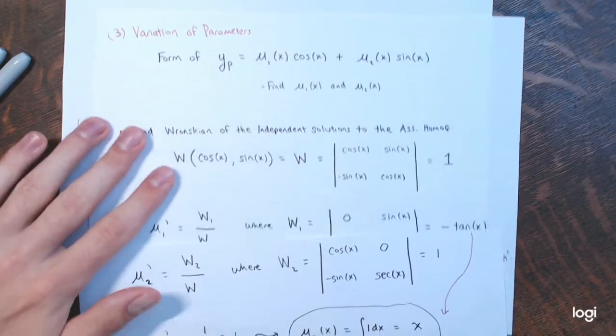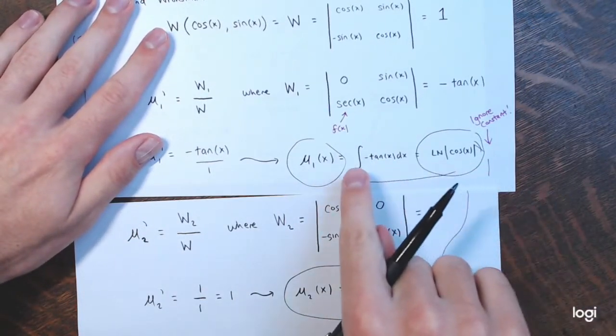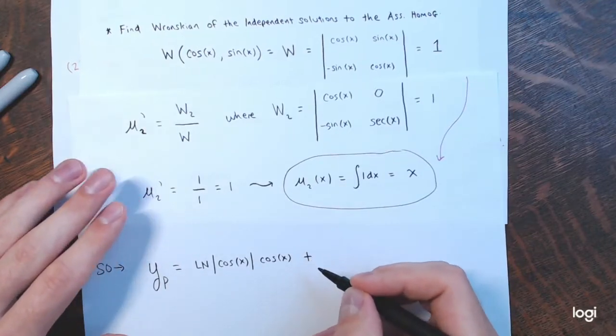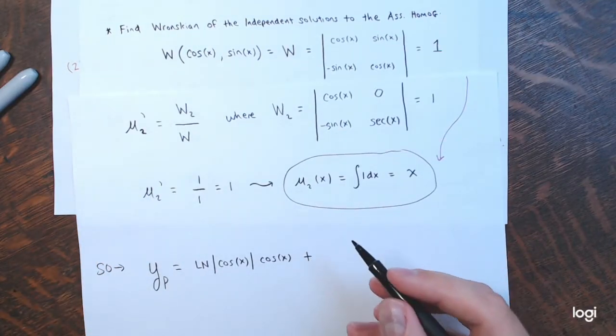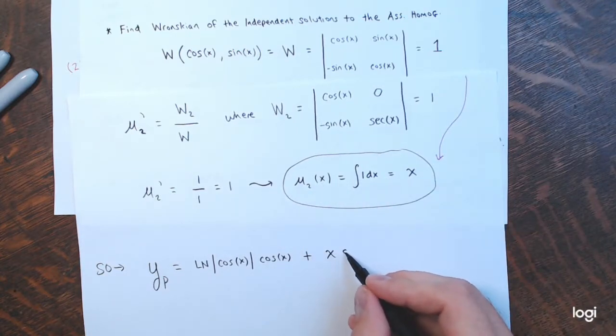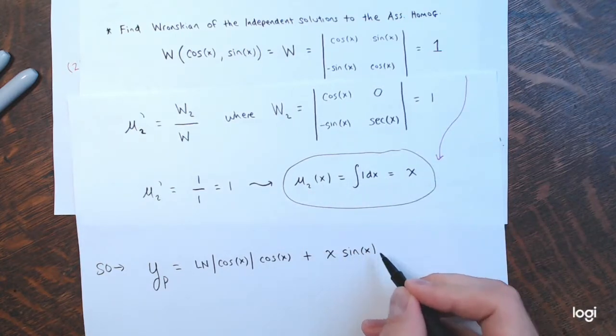That was, this u1 times cosine x plus u2 times sine x, and u2 is just x times sine x.